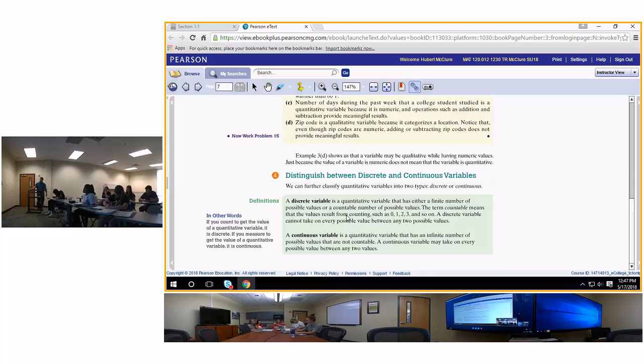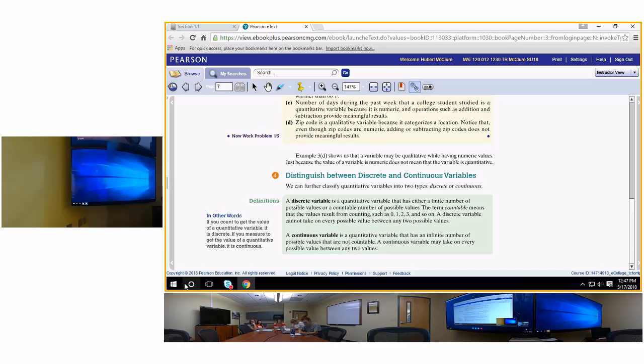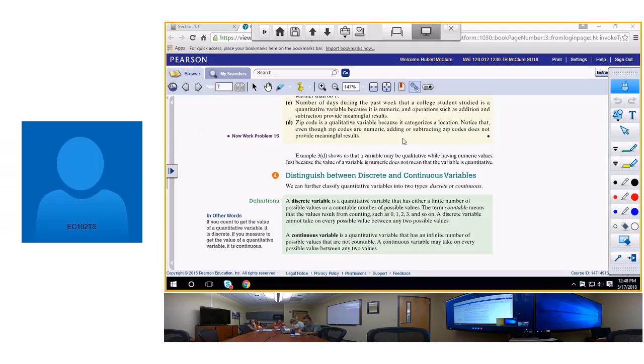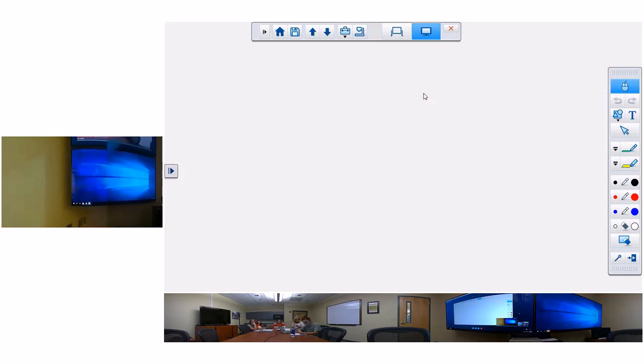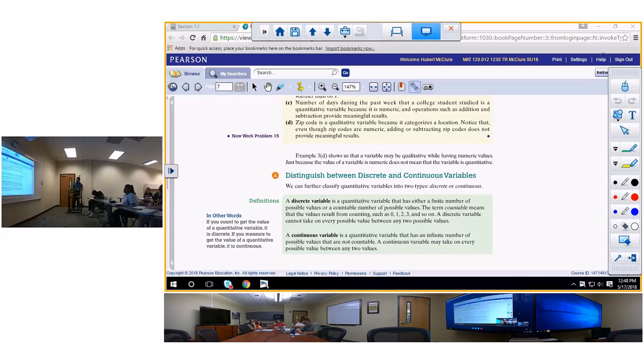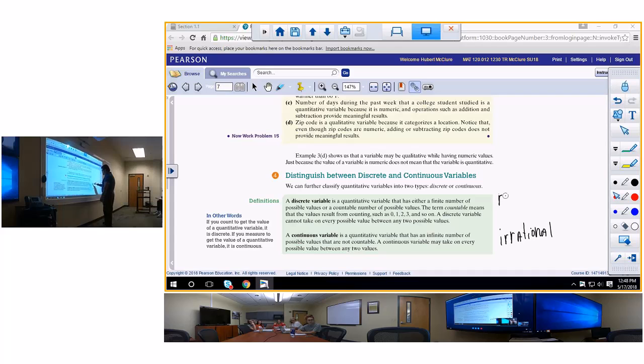Discrete versus continuous. Now, I want to take a minute and write something on the board for you. Some of you might remember in algebra, a long time ago, the teacher talked about irrational numbers and rational numbers.